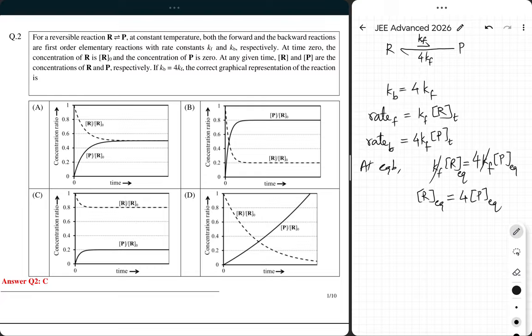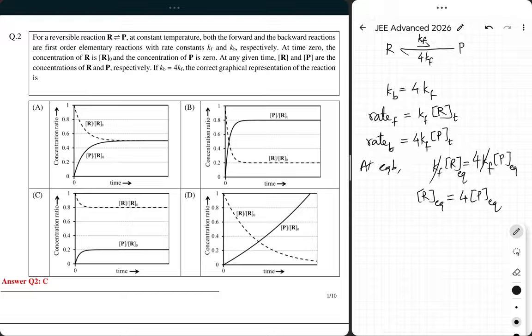So this is one thing, and in order to arrive at the correct value, we can conserve mass. It's a first order elementary reaction, which means order is equal to molecularity.